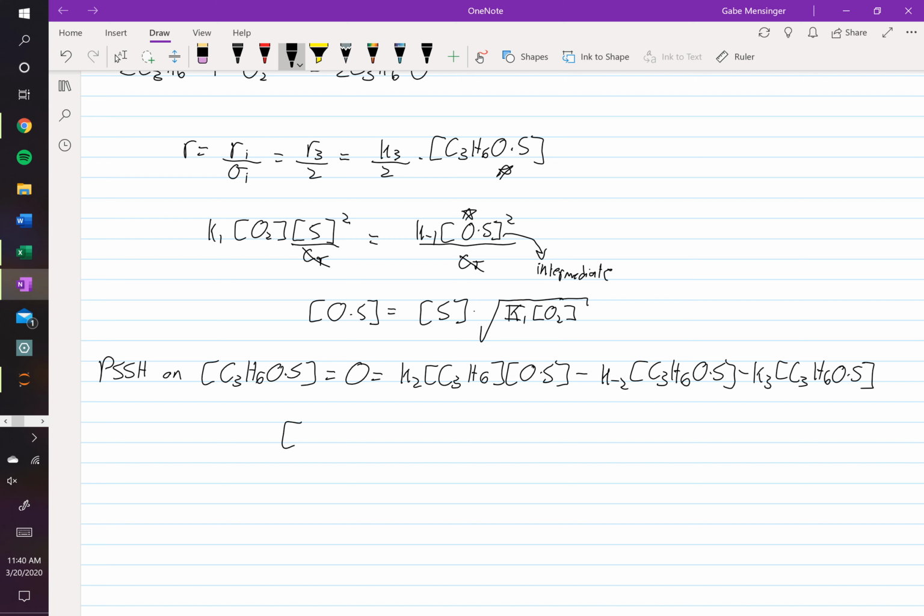And then doing some algebra, solving for our intermediate species, we get that it is equal to K2 times C3H6 times O.S over K minus 2 plus K3.